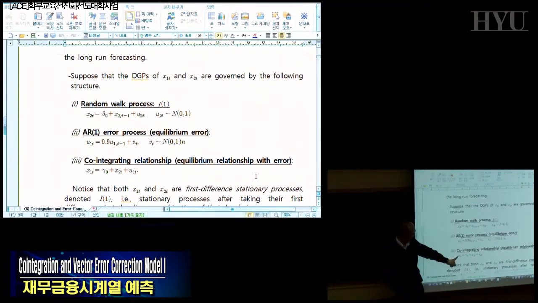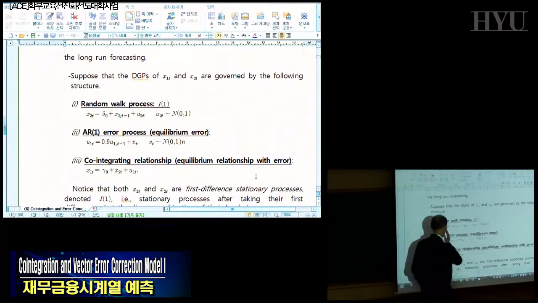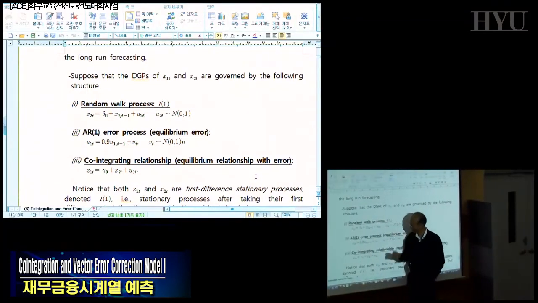And then define a new variable x1t, which is sort of related to this one and then that one. So if you look at this one, x2t is by definition an I1 process, non-stationary, right?